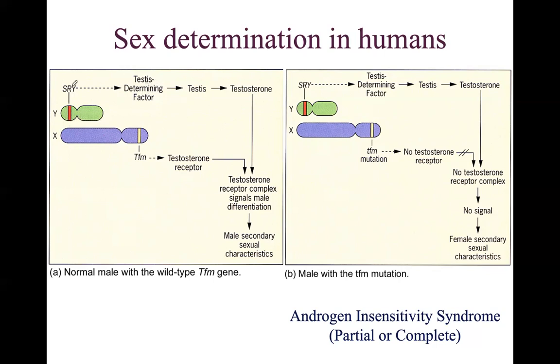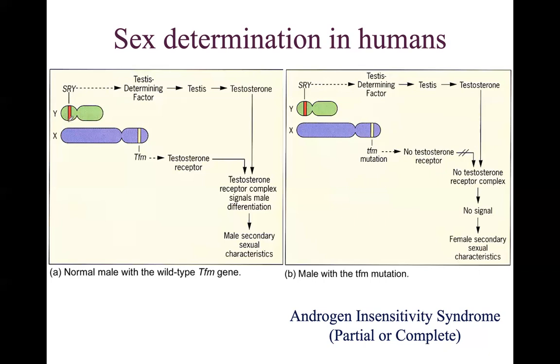So what's going to happen is these genes are going to make the secondary organs. In this case, you're going to develop testes, and those testes are going to then start to produce testosterone. This testosterone is that signal that's then going to cause all of the other tissues that are sex-related to start going male.